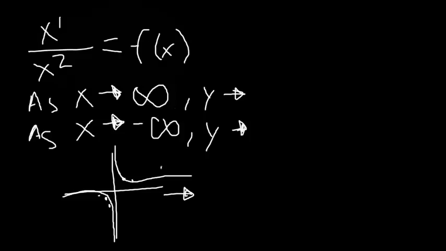So we're just going to say that as x approaches infinity, y approaches 0. And it looks to be the same thing the other way, even though, once again, hiccup right here, it comes from the bottom and goes up.